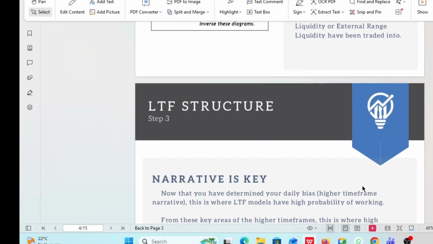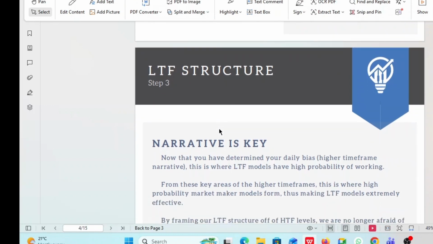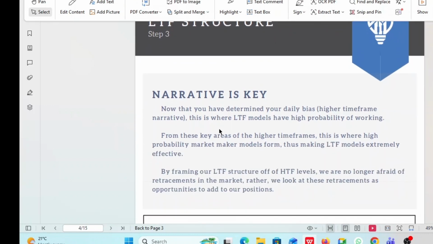We also have lower time frame. Now that you have determined your daily price on the high time frame, that is where lower time frame models have a high probability of working.